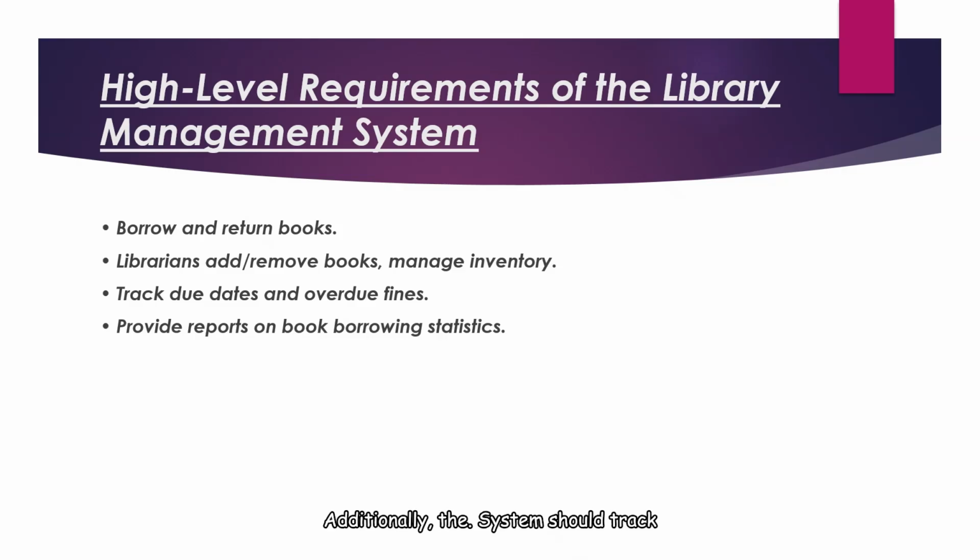Additionally, the system should track book availability, calculate overdue fines, and generate basic reports like most borrowed books or user borrowing histories. Importantly, it should support multiple copies of the same book, distinguishing between individual book copies rather than just titles. Remember, gathering clear requirements upfront prevents costly rework later in the design phase.